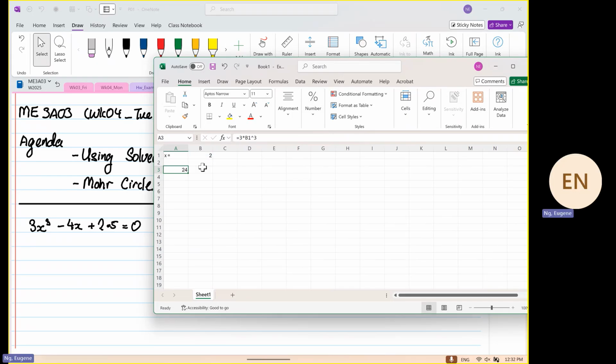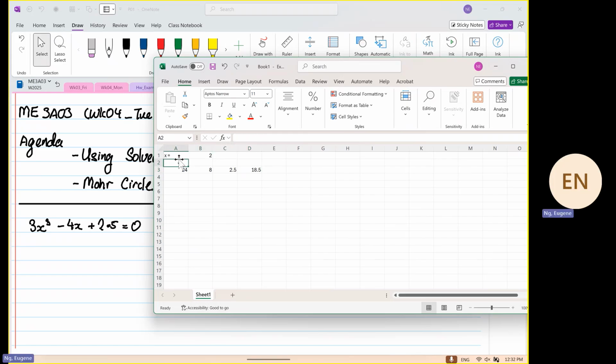That's your first term. The second term is equal to 4 multiplied by 2. And the third term is 2.5. The last term is basically you do the whole sum. So it's equal to this minus the second term plus the third term.